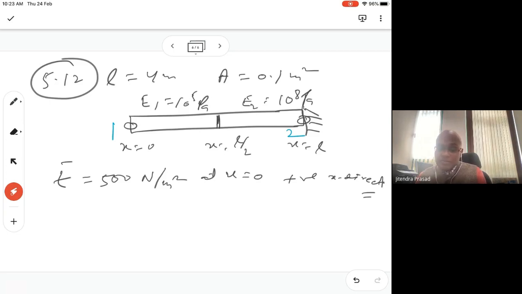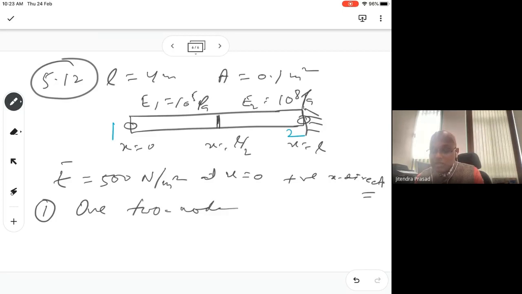So let us say first we have the boundary condition. This is fixed here. So we have a 1, 2 noded element, and first of all we have the boundary conditions.